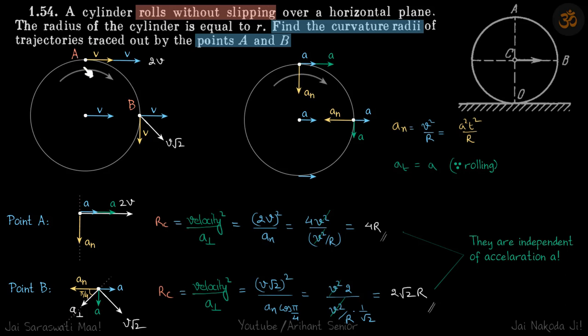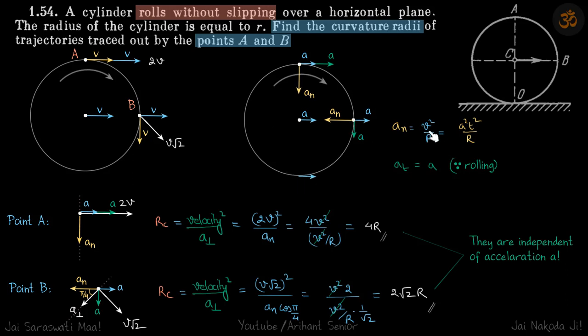In the first case, it is rolling without slipping, so the velocity of the top point is 2v, and the velocity of point B will be v root 2 in this direction. Now the acceleration of the top point. Here it has not been given, so we are just assuming that the body has some acceleration, and let's say the center is moving with acceleration a, so the tangential acceleration is also a because it is rolling, right?